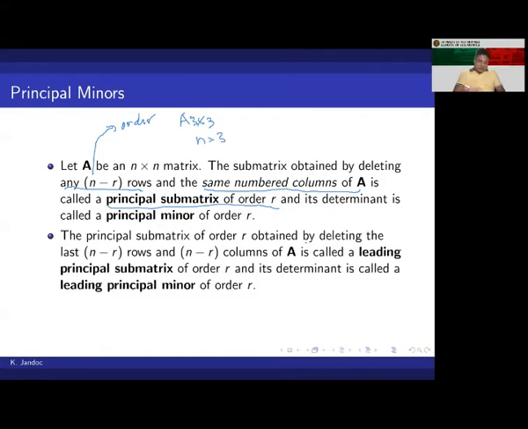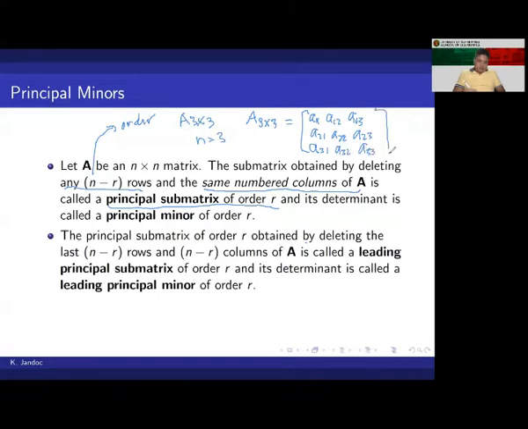Okay? So for example, you have this 3 by 3 matrix, A11, A12, A13, A21, A22, A23, A31, A32, A33.